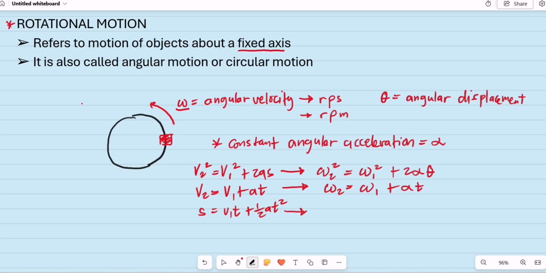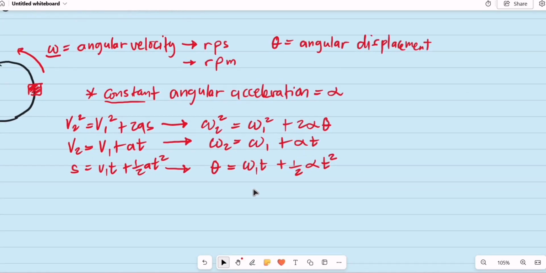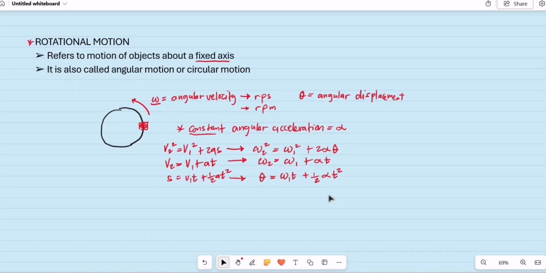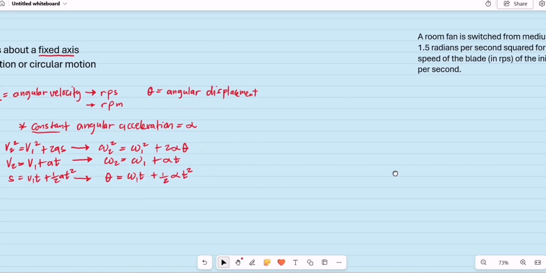And for the third equation, again, this is for constant angular acceleration problems, we have S, that is theta, our angular displacement, equal to initial angular velocity times the time, plus 1/2 angular acceleration times the time squared. Again, these are the equivalent equations when it comes to circular motion. So let's have an example.